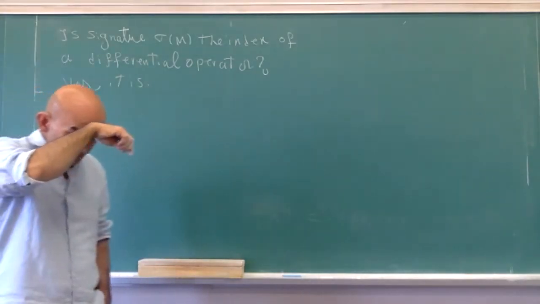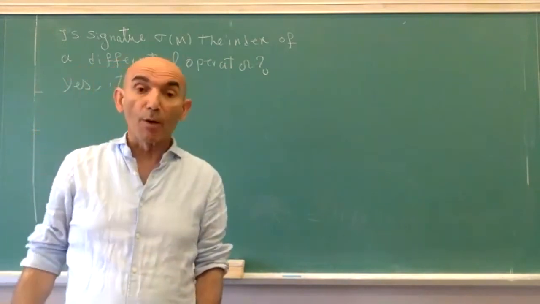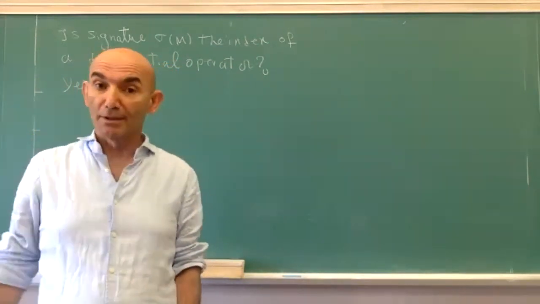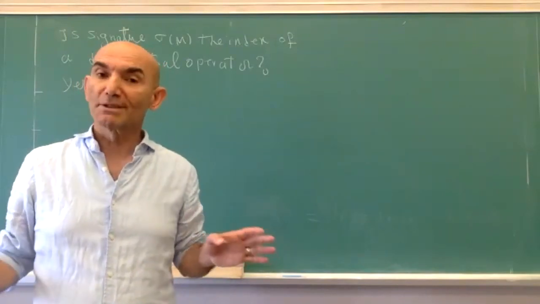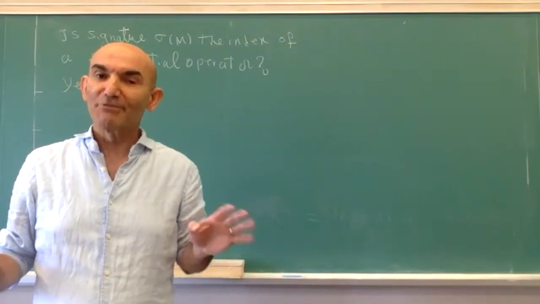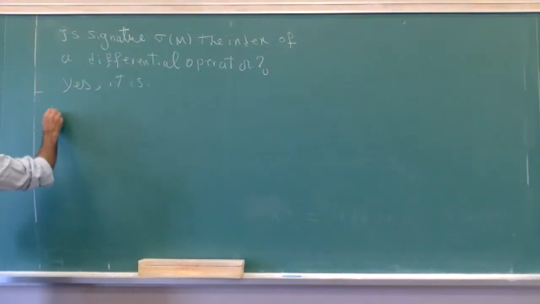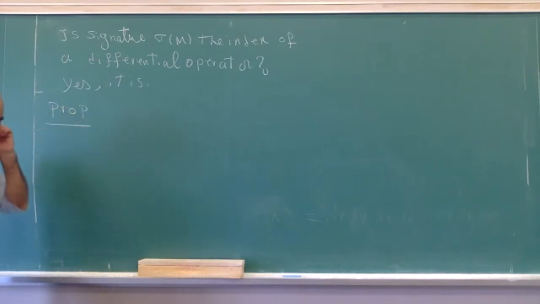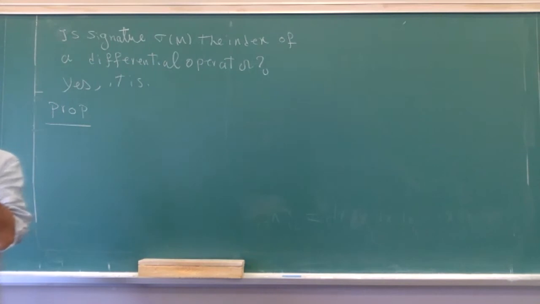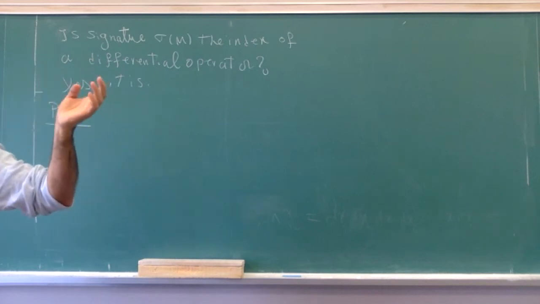And in fact, there is a differential operator which looks very similar to the operator that we used for Euler, except that the domain and target spaces are different. So this is a theorem, a proposition really, because it's proved just using Hodge theory, as we did in the case of Euler characteristic, and a little bit of algebra.